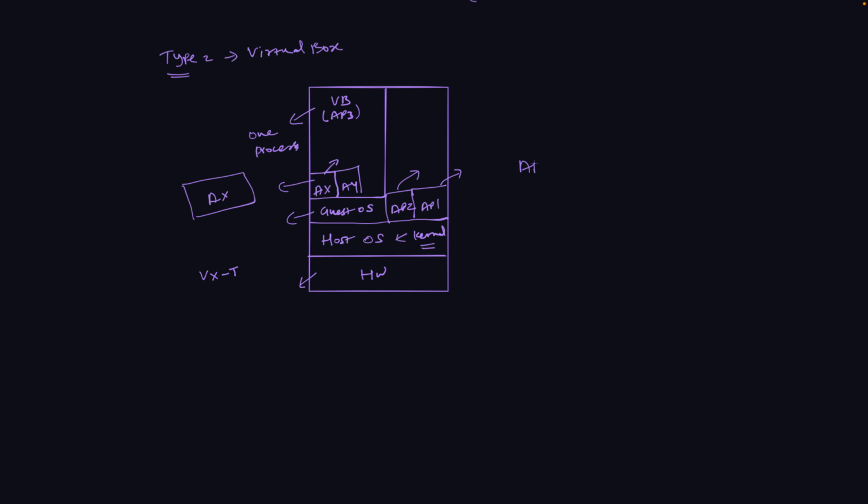For example, application 1 might depend on X library, Y library, and Z library, and application 2 might depend on the same X library but a different version. So let's call it X.2, and it depends on another library called B. Now if we try to run both of these on the same machine, we may need to deal with these version conflicts.